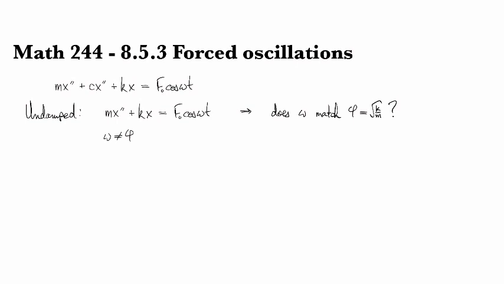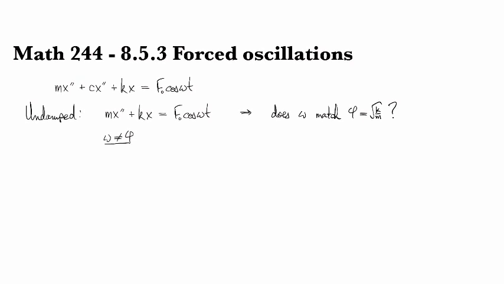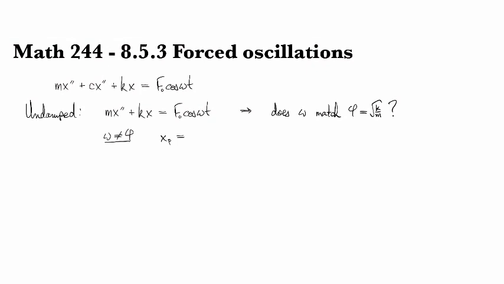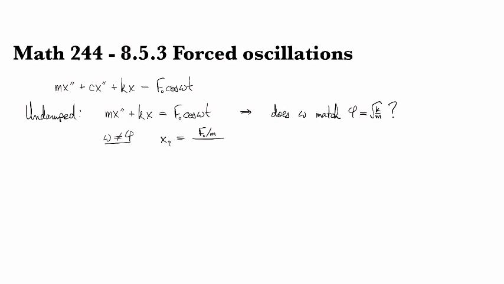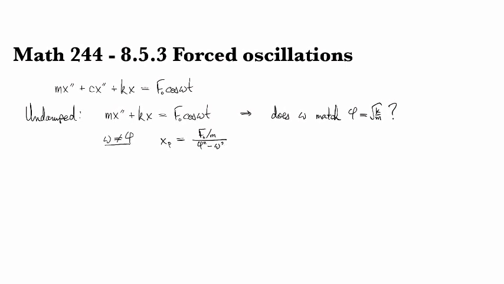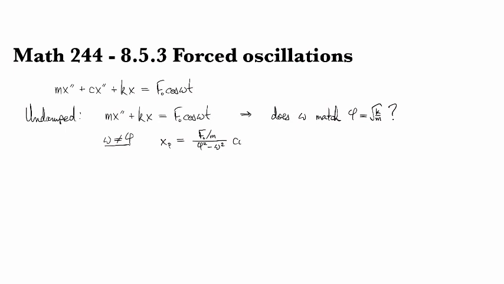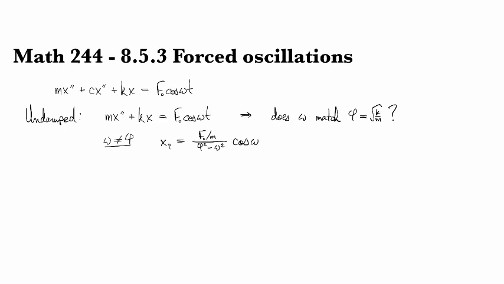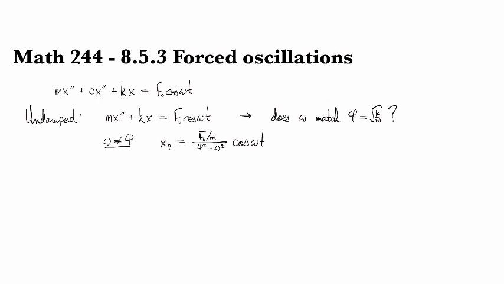the system. And if they don't match, then it turns out that your particular solution is going to be f0 divided by m over phi squared minus omega squared times cosine omega t.